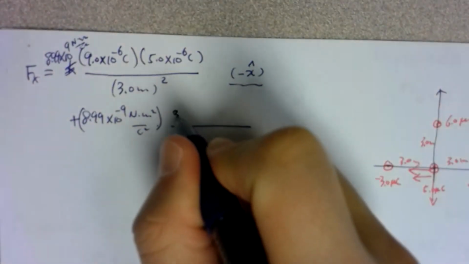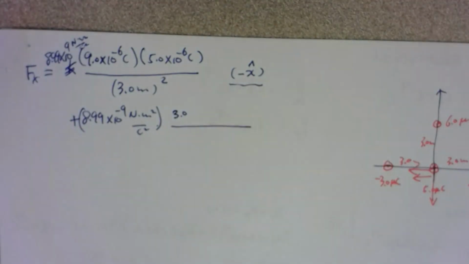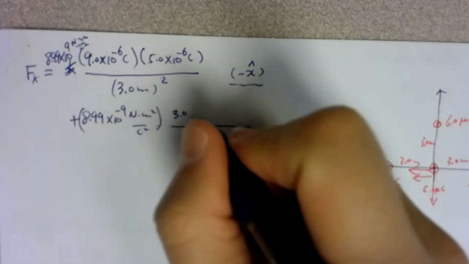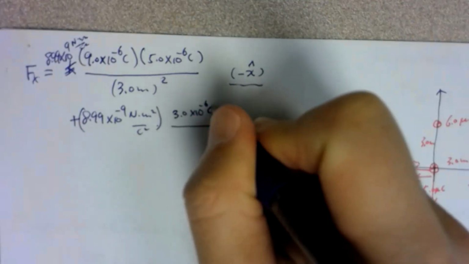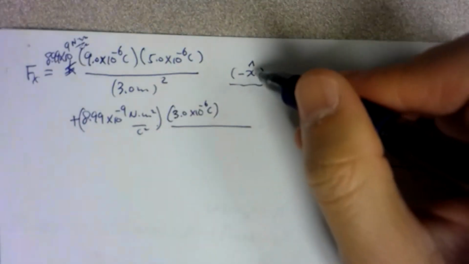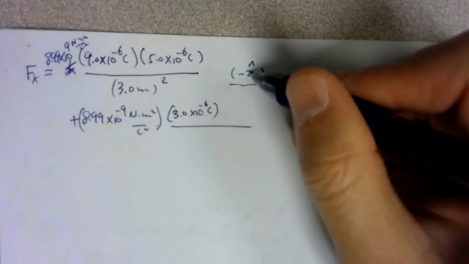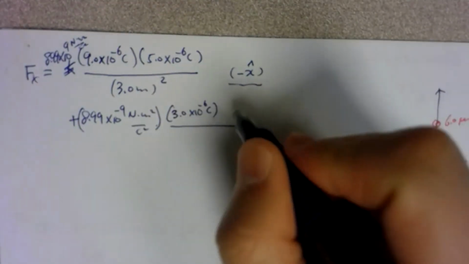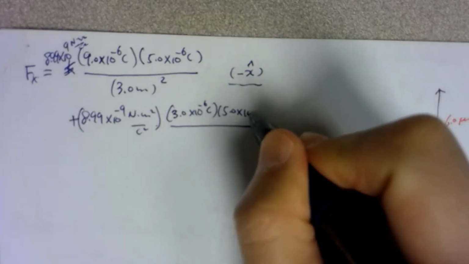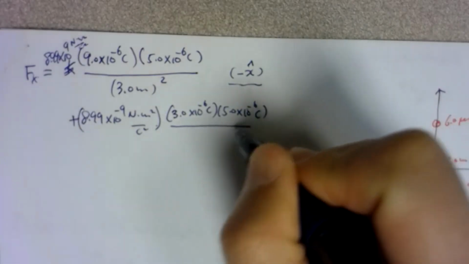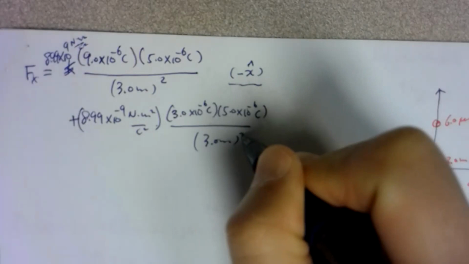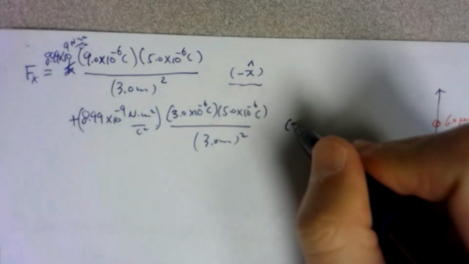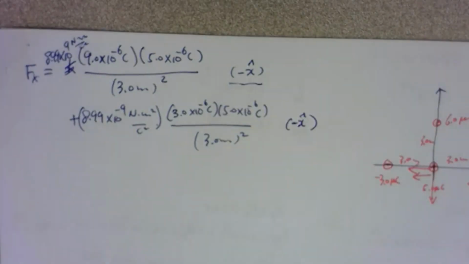So 3.0 times 10 to the minus 6. We are not writing the negative because we'll have the sign indicating the direction. So just magnitude for right now, which means absolute values, times 10 to the minus 6 coulombs over 3.0 meters squared. Again, this is in the minus X direction. So those two add up.